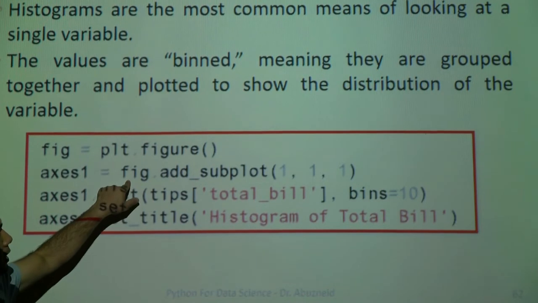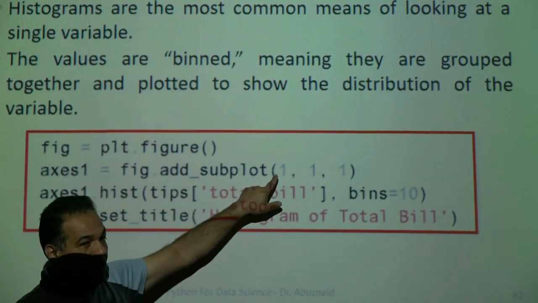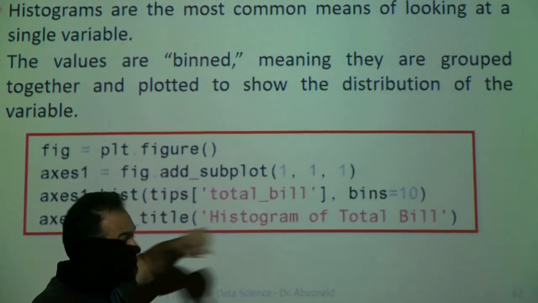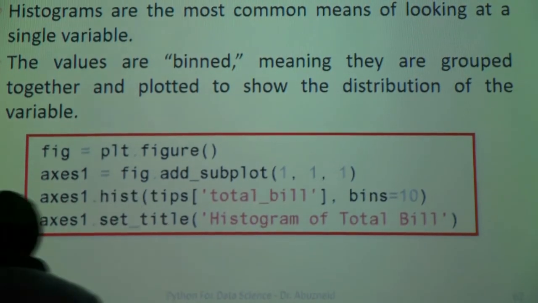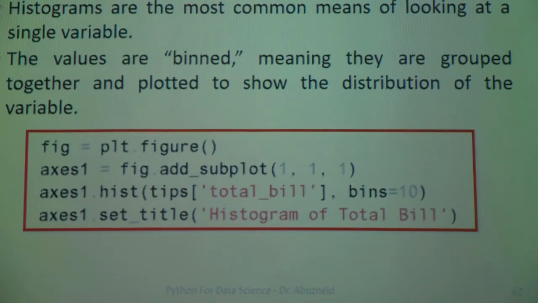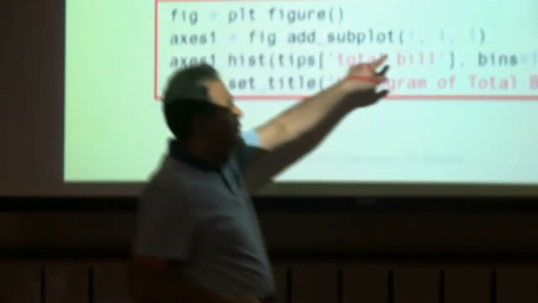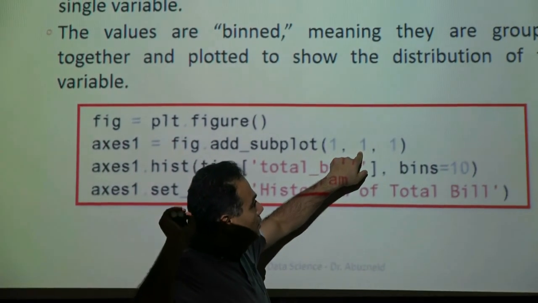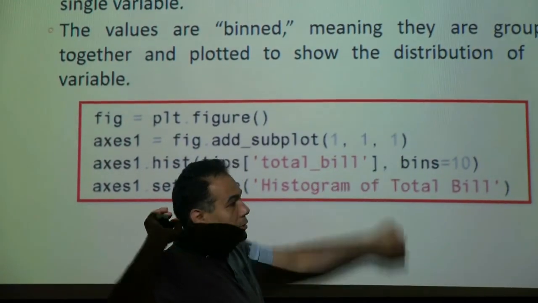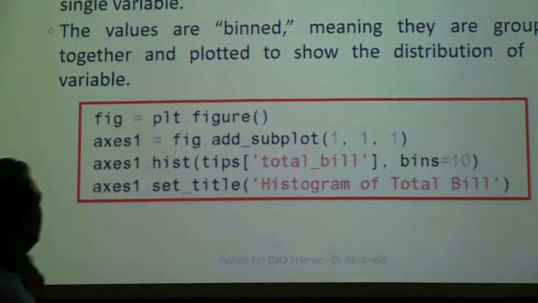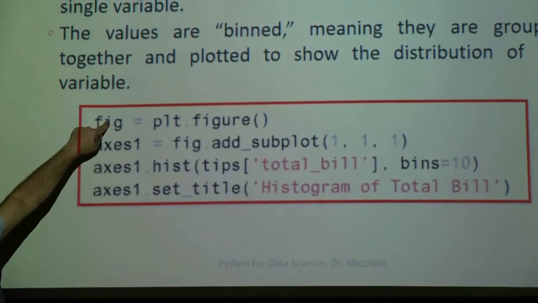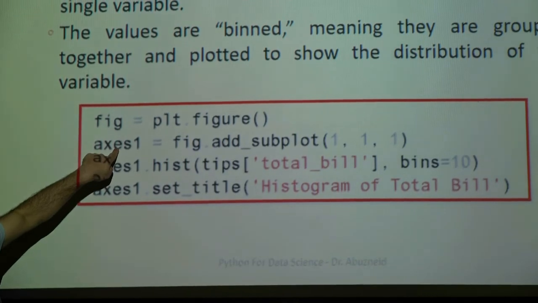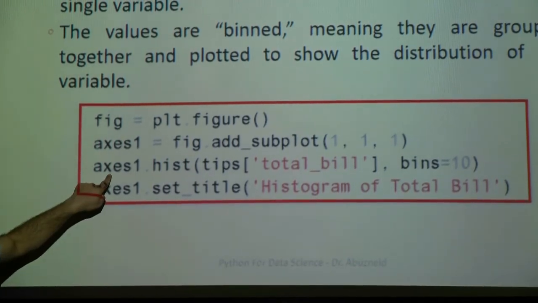It will be row 1, column 1. So we're going to go to the first box, and it will have one plot. So in here, I already created the figure, then I created the first axes. Now what do I have to create?